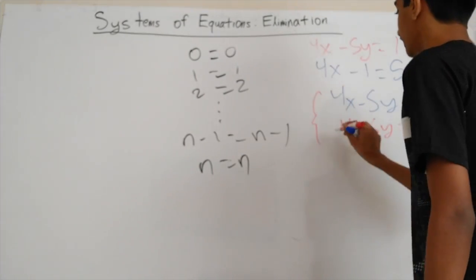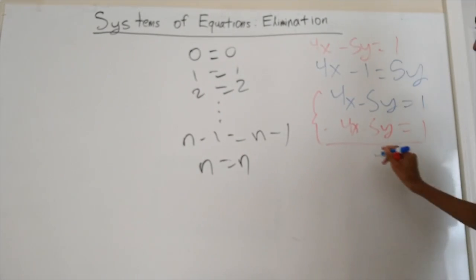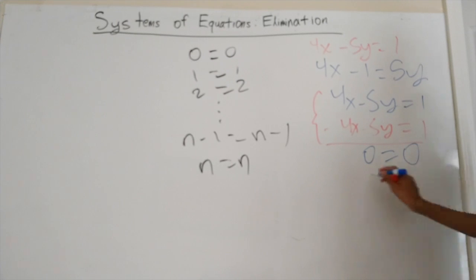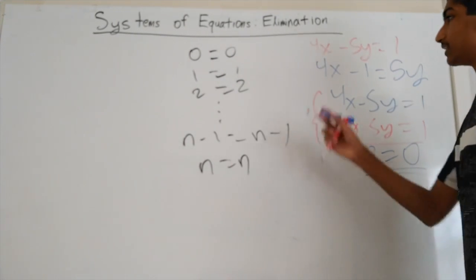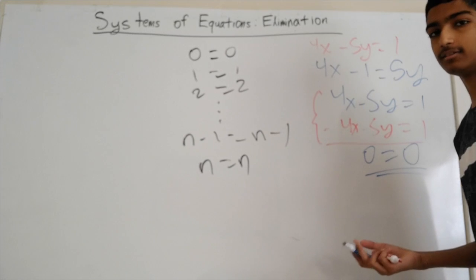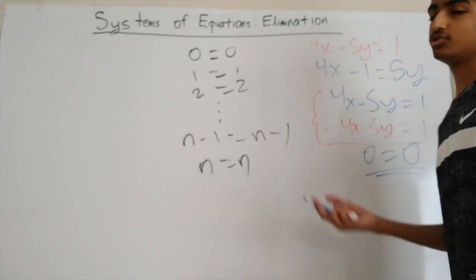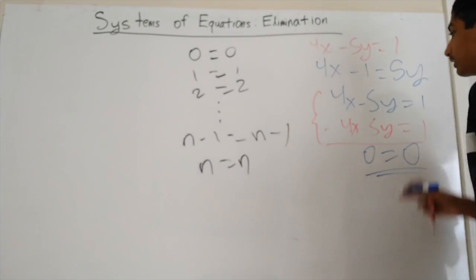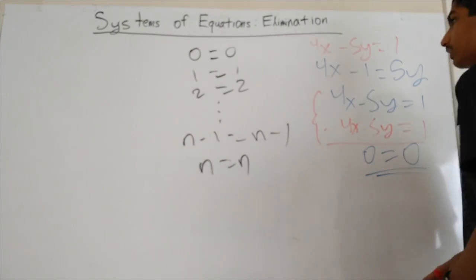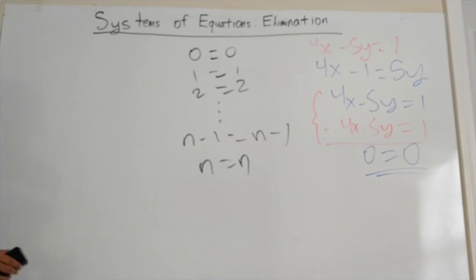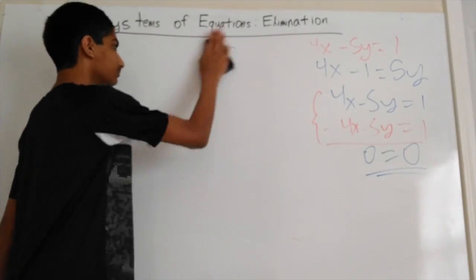So if you try subtracting them, you end up getting 0 equals 0. And this basically means they're the same line and you have a solution everywhere. Any point, that's the solution. So let's look at another special case.